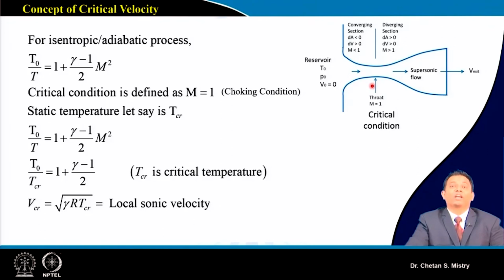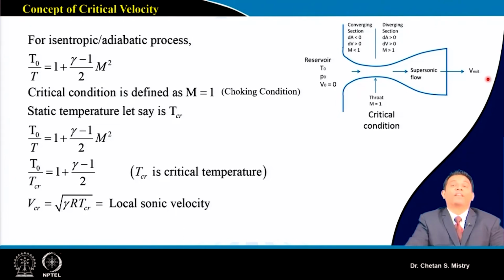That thermal choking condition happens at M equal to 1. Later we have the diverging passage, which further increases our Mach number from M equal to 1 to some higher number, that is my supersonic flow.